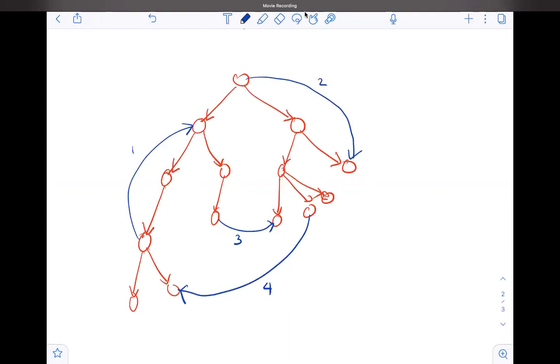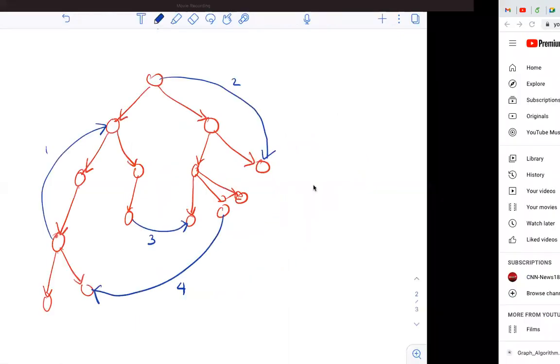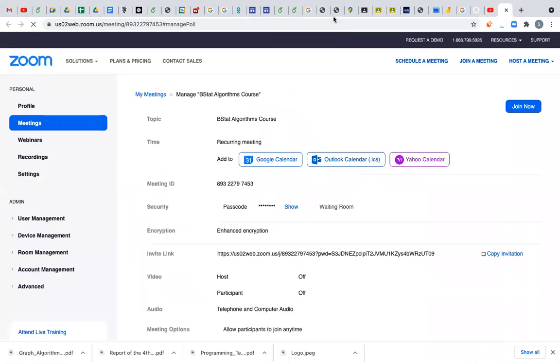Yes. So maybe I'll do a poll, so at least some of you can participate. Can you see my screen? Let me just stop here. Wait 2 seconds.